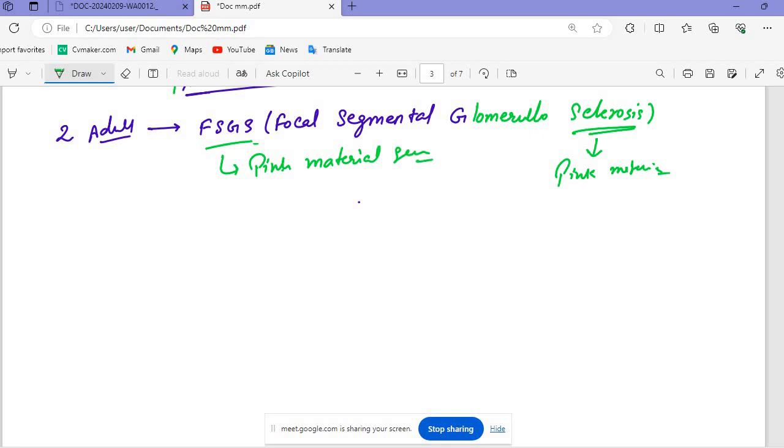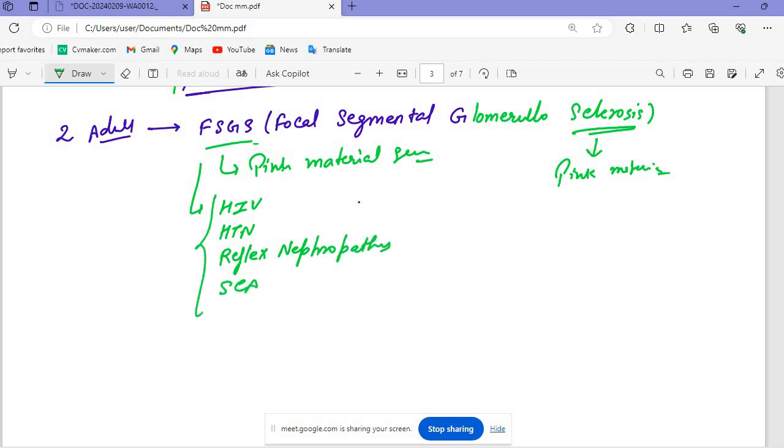The cause can be HIV, hypertension, heroin use, reflux nephropathy, renal tissue loss, sickle cell anemia. All these can be causes of FSGS. I'm writing here: HIV, hypertension, then reflux nephropathy and sickle cell anemia.